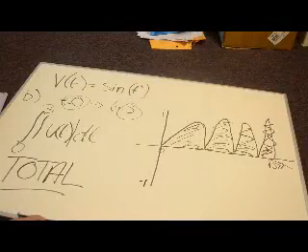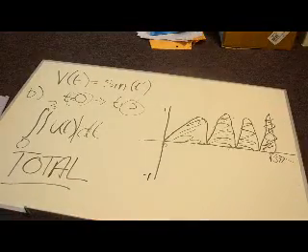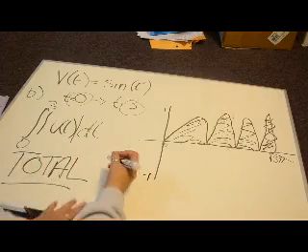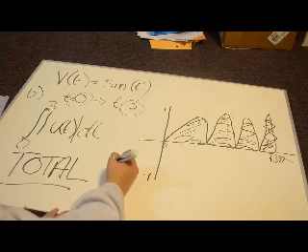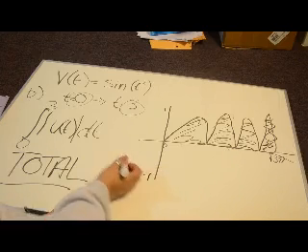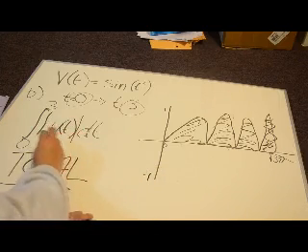Okay, so I'm going to write it down here so that you guys can follow along on the calculator. What you're going to do is plug in this equation right here.